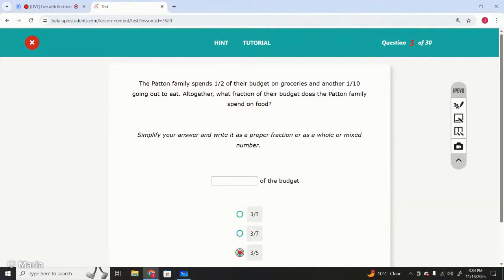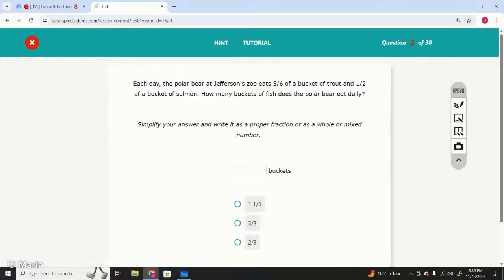The correct option is 3 by 5. Option number 3 is the correct option.